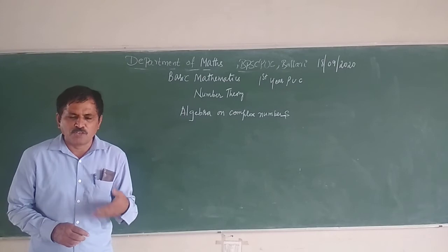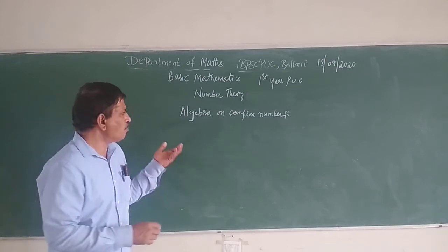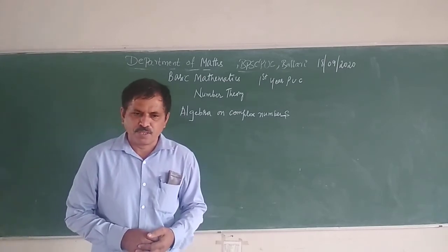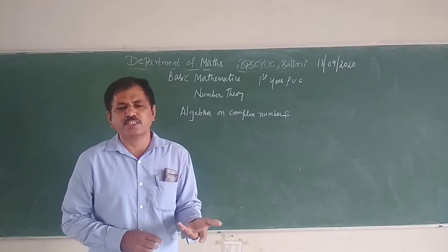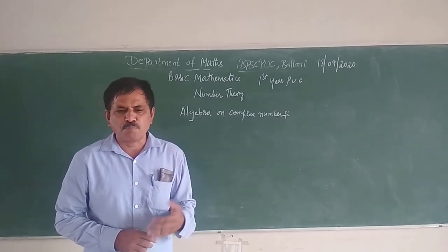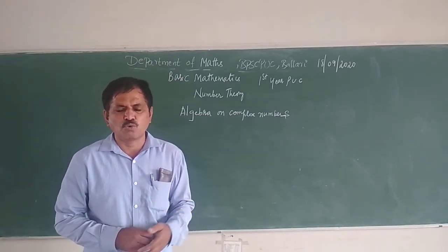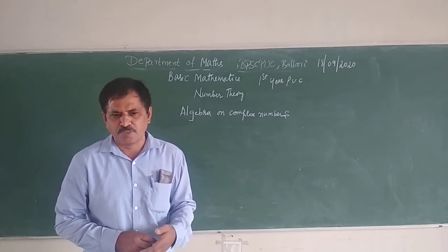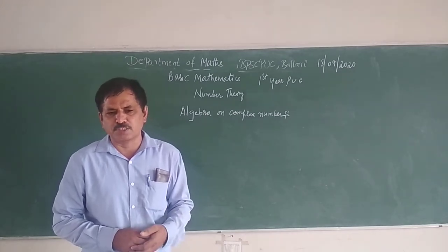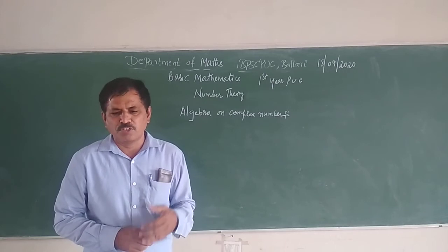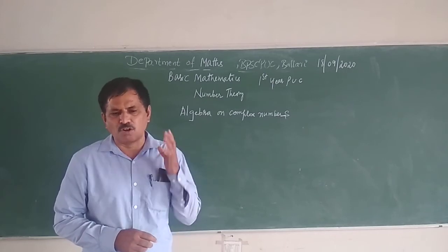What happens if 2 or more than 2 complex numbers are added? Will we get a complex number or some other thing? What happens if 2 or more than 2 complex numbers are subtracted? Or if they are multiplied, what happens? If they are divided, what happens? Whether we get a complex number or not.